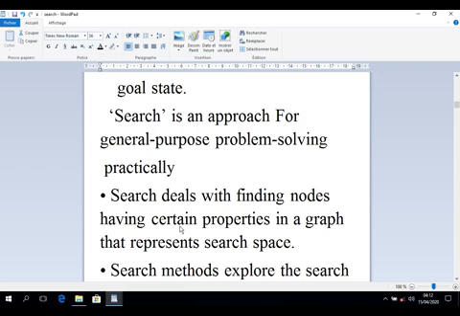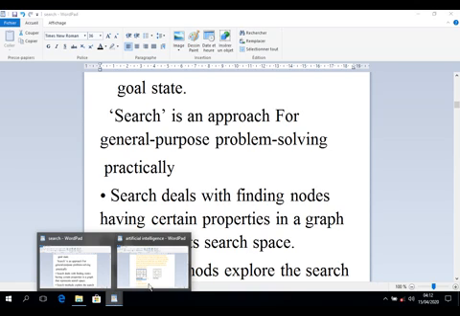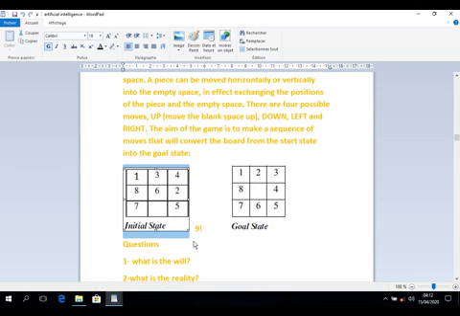For example, in this problem, the search will find the node or the state where the board game is like this, and then with the tiles arranged in this manner: 1 2 3 4 5 6 7 8, and then the empty cell in the middle.